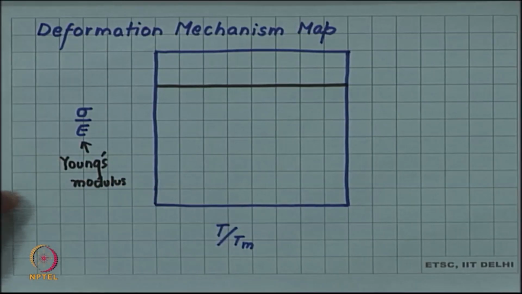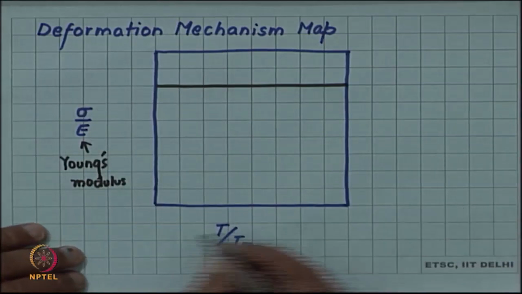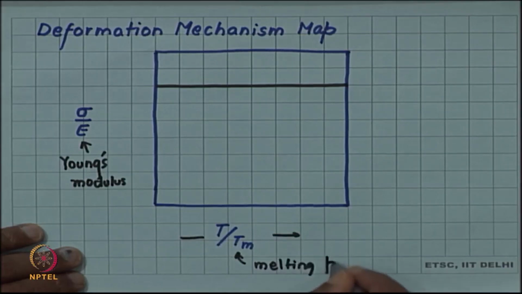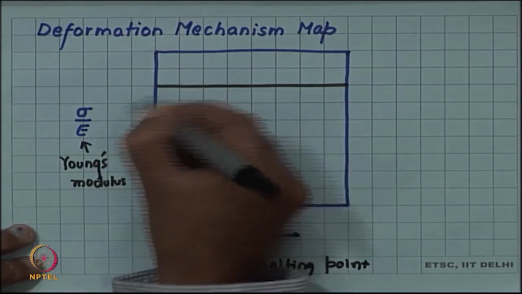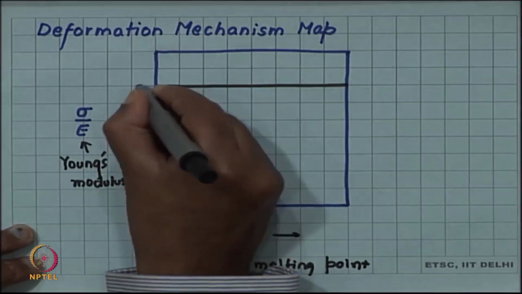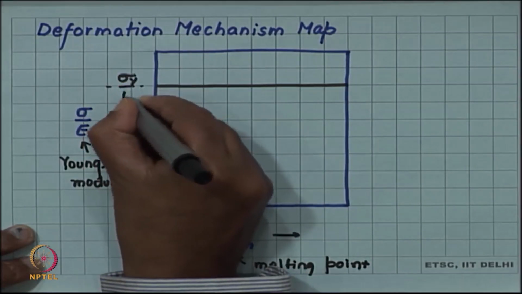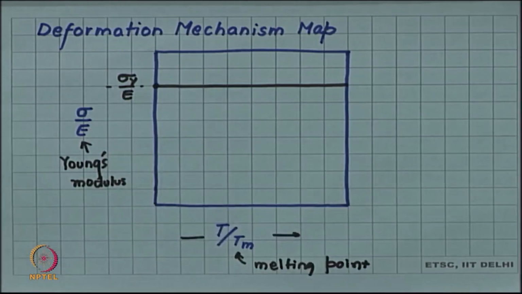The y axis is stress, but it is normalized with respect to Young's modulus, and the x axis is temperature, but it is normalized with respect to the melting point. Then at a value corresponding to yield stress, so this will be sigma y by E, the yield stress will be reached.